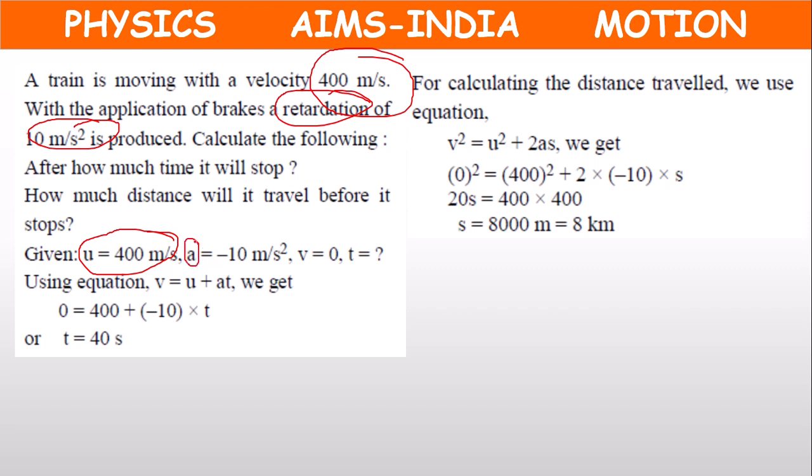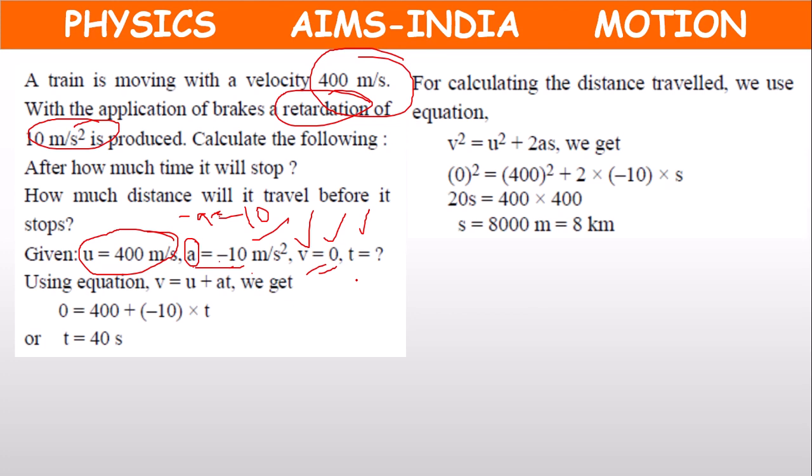Retardation means minus A. If minus A we keep, we can take 10, or A equal to minus 10 we can write. Let's take A equal to minus 10. Finally it has stopped, so final velocity is 0.